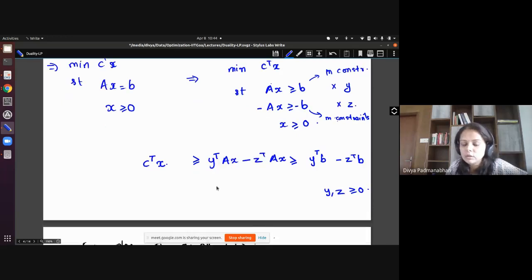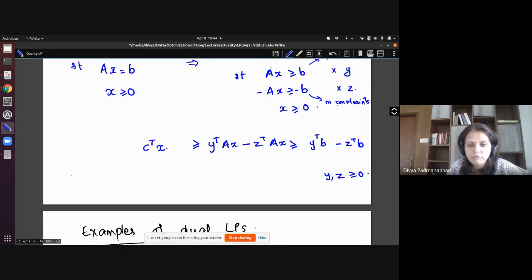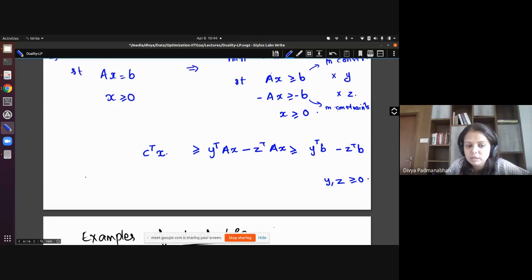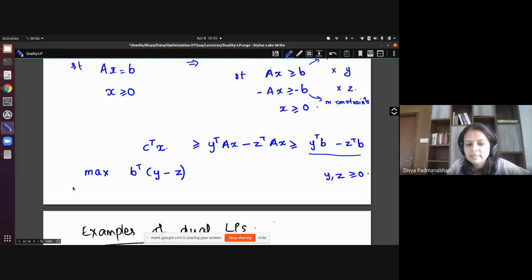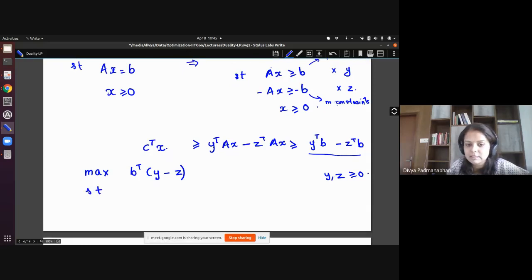Now the LP form, by the previous logic, is that we would maximize this part. This is the lower bound and you want it to be maximized. So let's just say it's B transpose of Y minus Z, subject to this part, right?